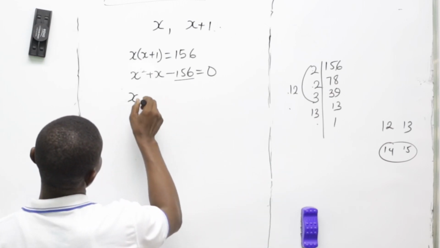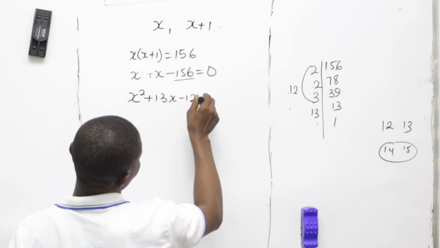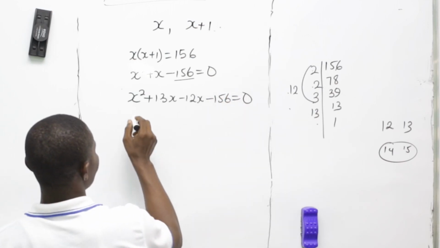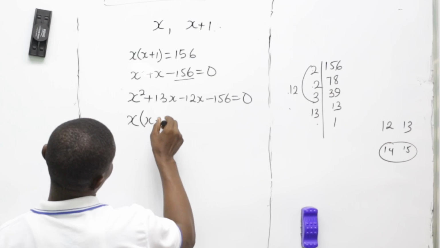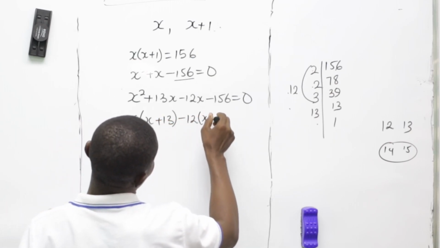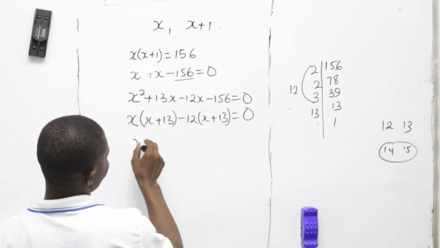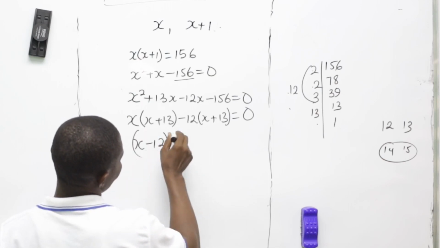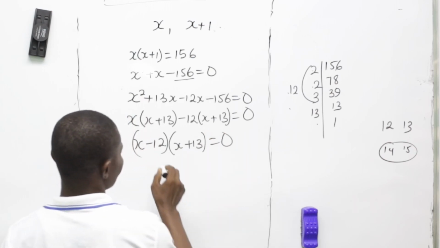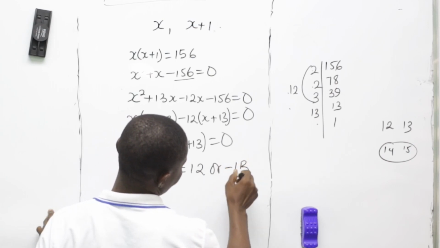12, 13. So how do you place them now? We are going to place them this way. x squared plus 13x minus 12x minus 156 equals 0. Then we factorize: x into x plus 13 minus 12 into x plus 13 equals 0. So that x minus 12 into x plus 13 equals 0. x is either 12 or minus 13.